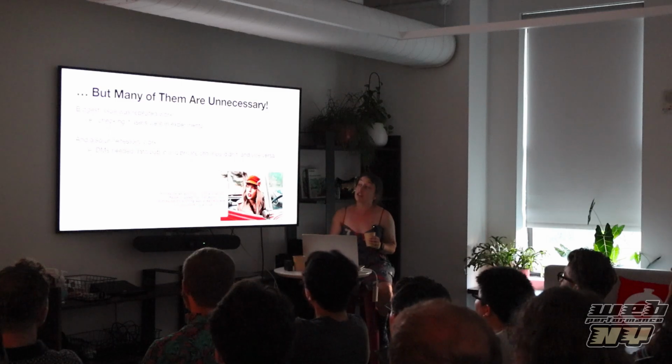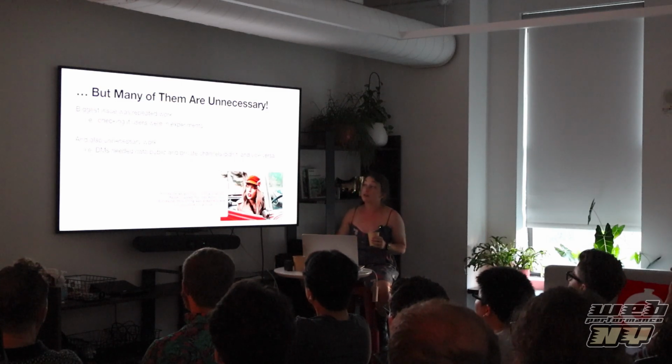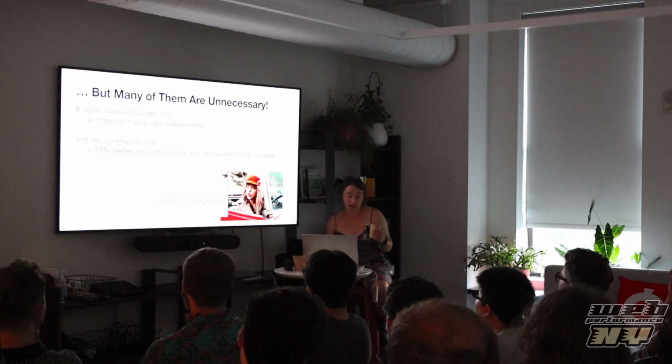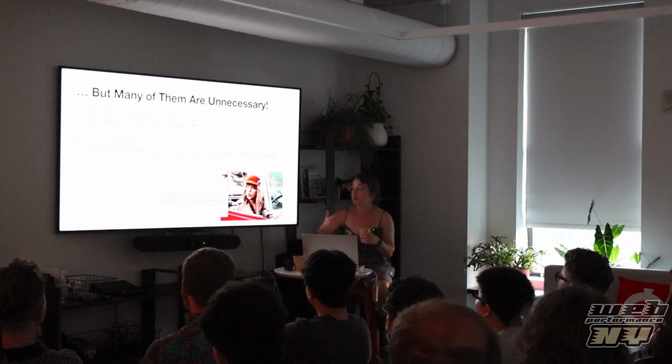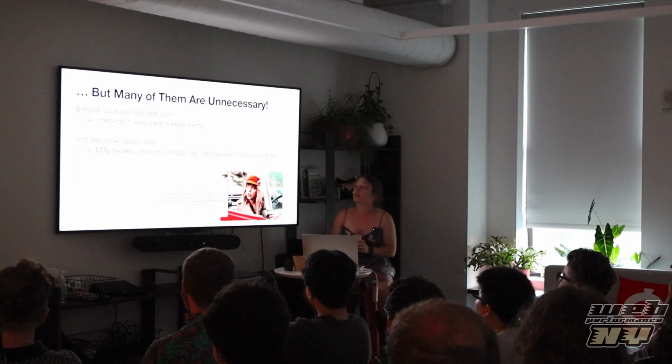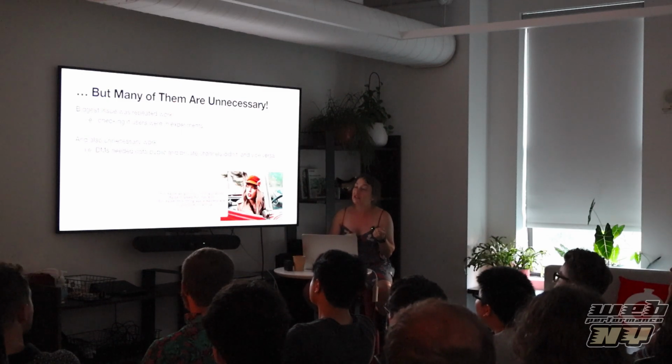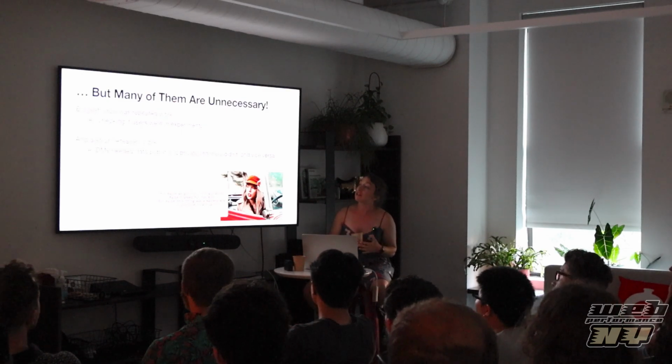A really concrete example was, like many applications, we had an experiment framework. So it was like A/B testing. We want to try something on some segment of users to see if it works, if it causes more money to happen, stuff like that.